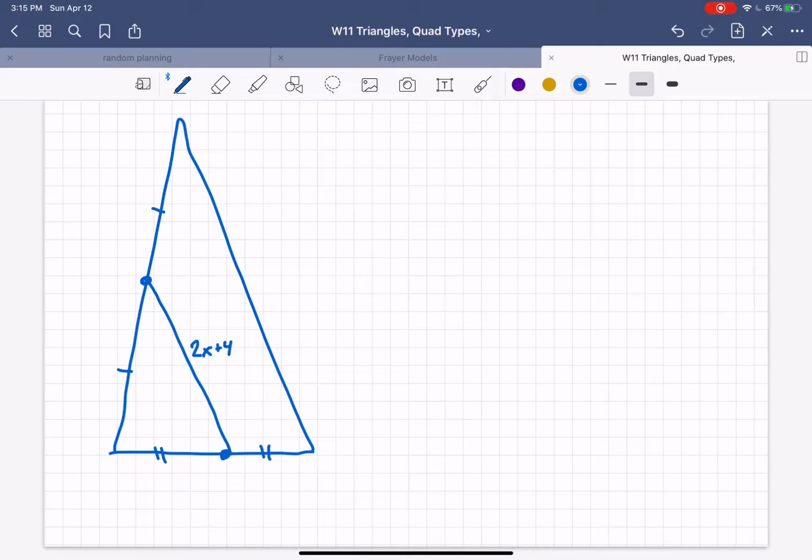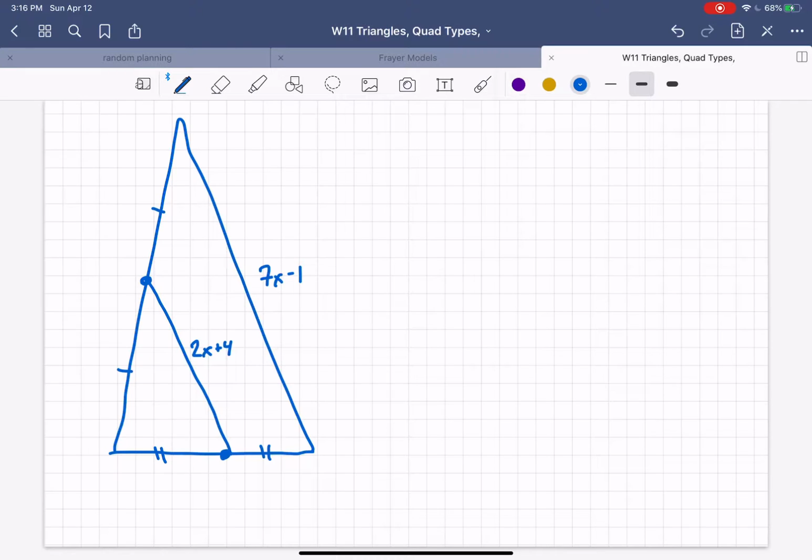And then over here, we're going to say that the whole segment, this third side, is going to be equal to 7x minus 1. We have to somehow figure out what x is and then plug it back in to figure out what each part of this triangle is.